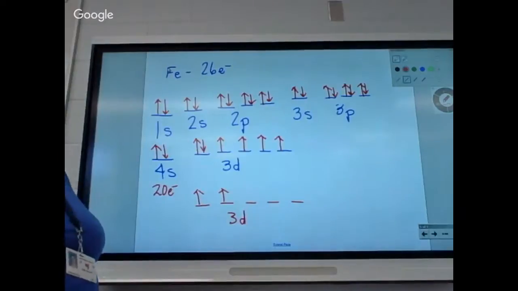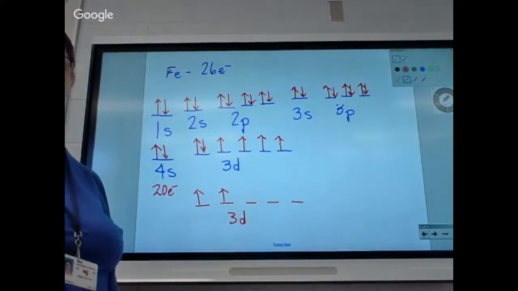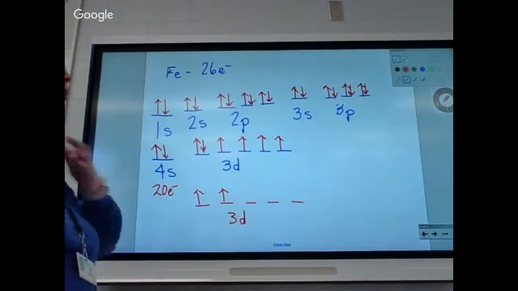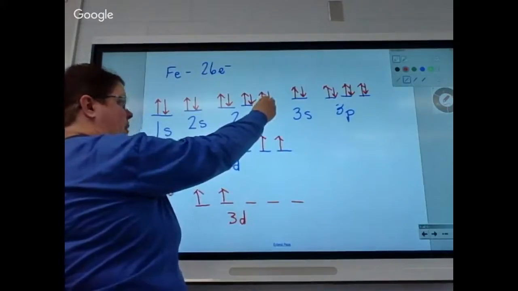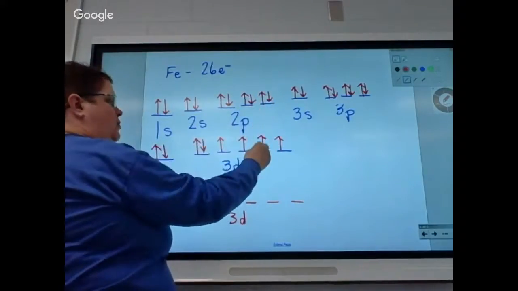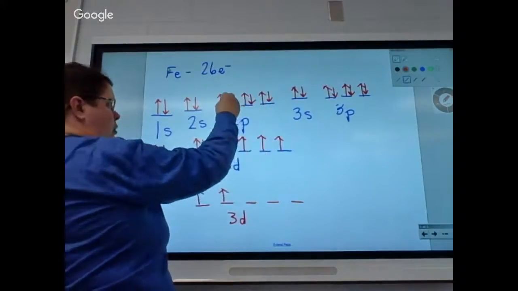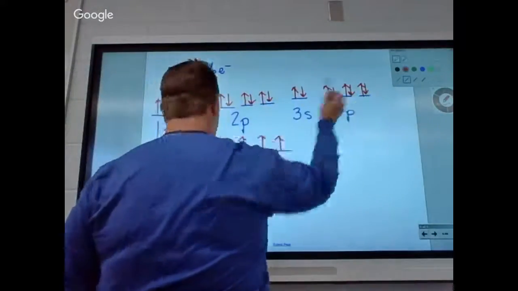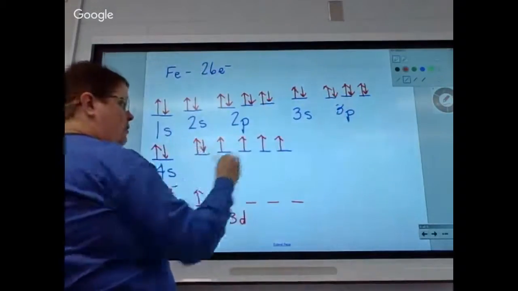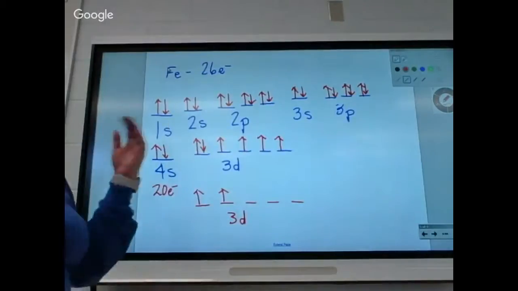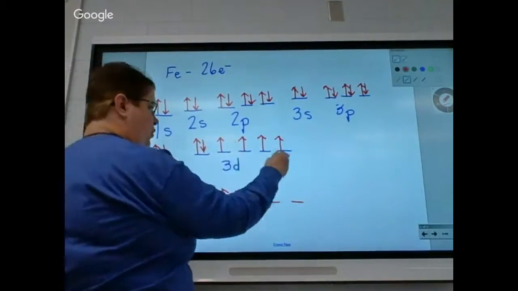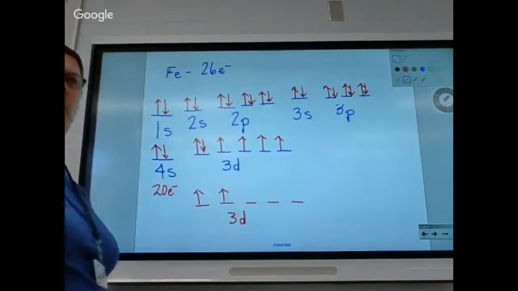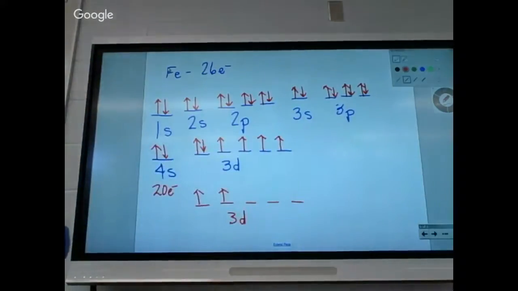Because if you don't, you're likely to miscount. Now, I don't care if you do 2, 2, and 2. If you're one of those people who looks at it and goes, okay, I know these are the only ones that are going to have singles, and you do all the doubles and then you know these are the singles, that's fine, as long as you visualize it that way. I don't have a problem with that. But don't start 2, 2, 2, 2 and wind up with blank lines over here, because you'll wind up in trouble.